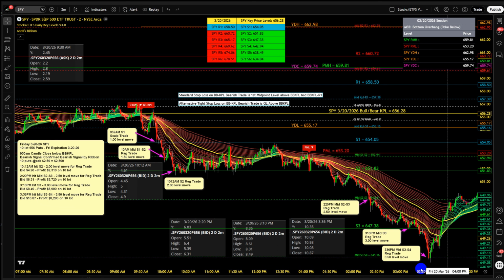Here at 3:36, we have a hit of the mid S3, S4 level, and that is basically 24 minutes to go in the overall RTH session.